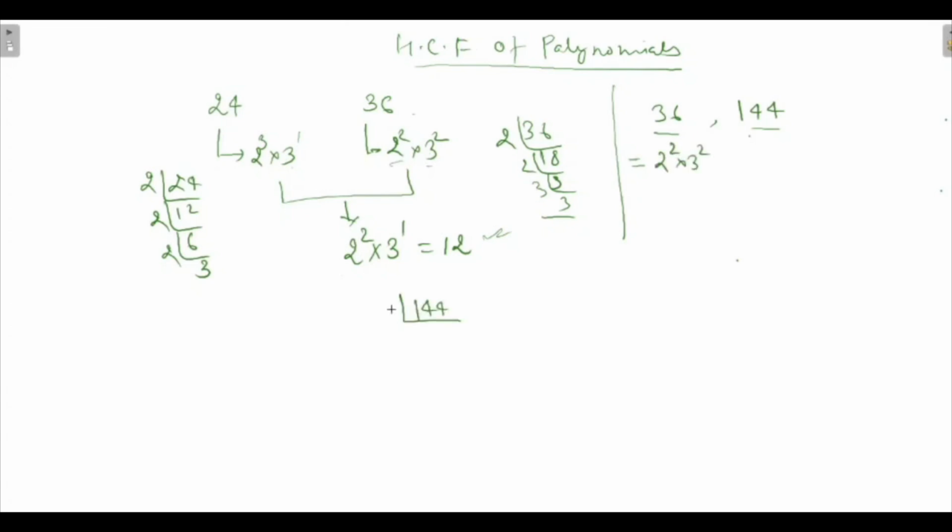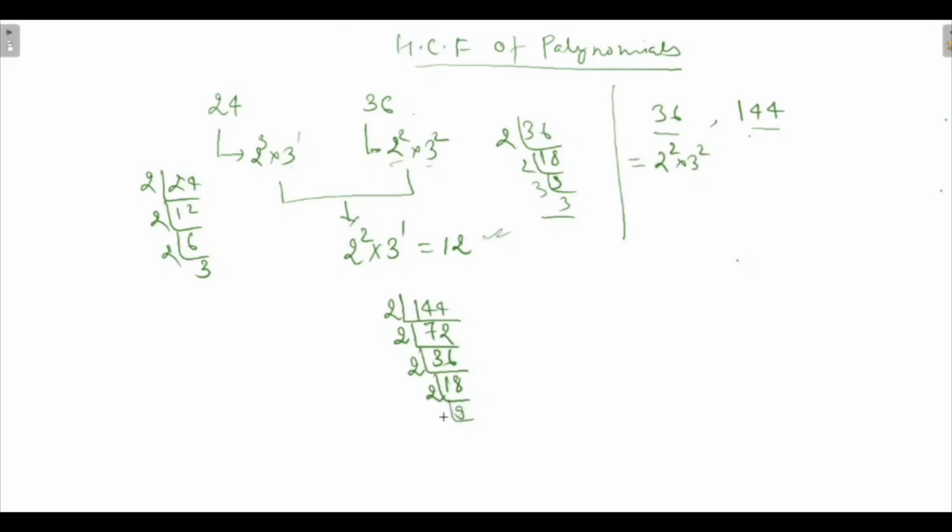For 144, I start with 2 and I get 72. If I again use a 2, I'll get 36. Then I use 2 again and get 18. Then I use 2 again and get 9. Now I cannot use 2 anymore.